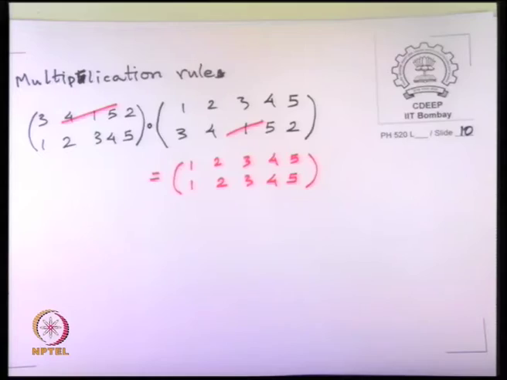So to multiply two elements, you need to know the order in which to do it. So I have an element A and I have any other.